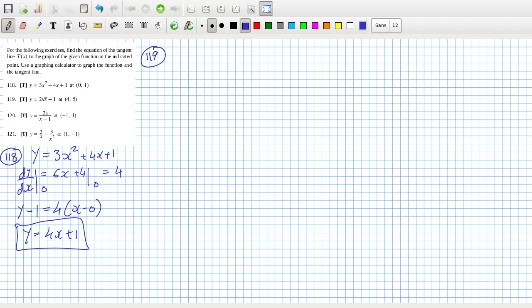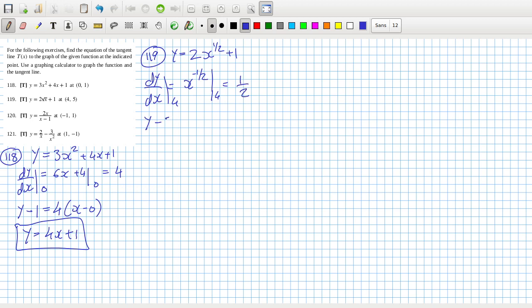119. y equals 2x to the power of a half plus 1. So dy dx equals, bring down the power, reduce the power by 1. And this is at the point 4. So that's a half.